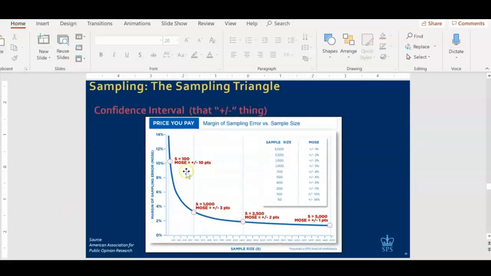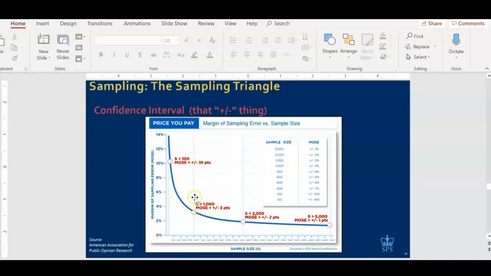Here's a chart that shows what the error range will be at different sample sizes. As you can see, the smallest sample size has the largest error range. So if we were only able to interview 100 consumers, our error range would be plus or minus 10 percentage points, which is fairly large.